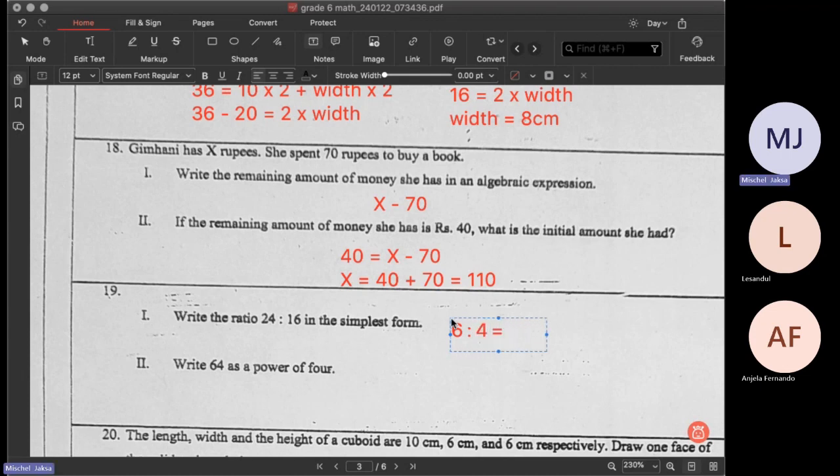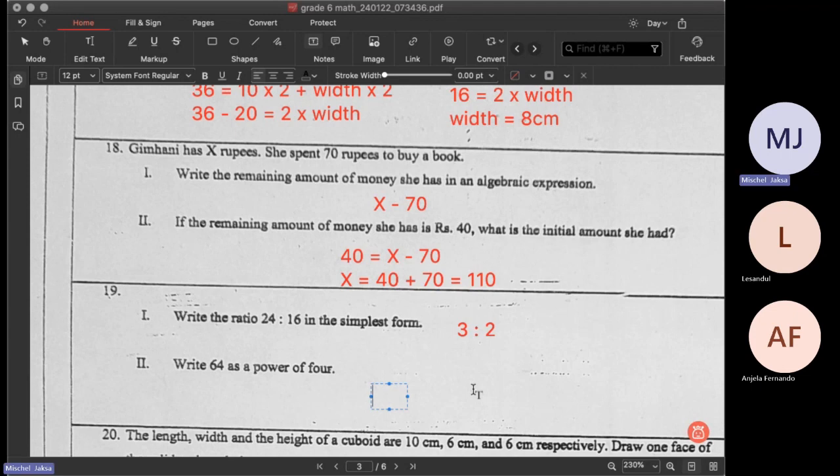Is this the simplest form? Then I divide it again by 2, and we get 3 to 2. So 3 to 2 is the simplest form. We can easily obtain this by dividing 24 and 16 both by 8. So whenever you want to find the simplest form, go for the biggest number that you can divide by. Okay?